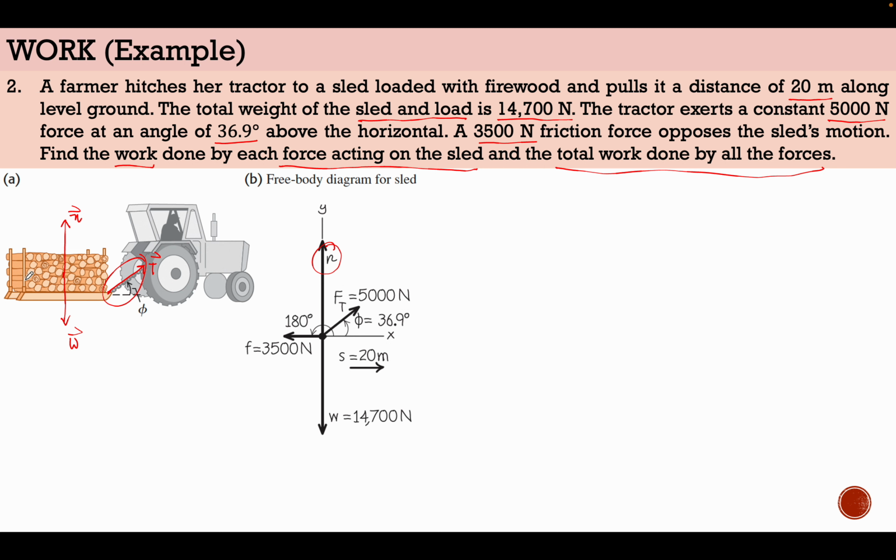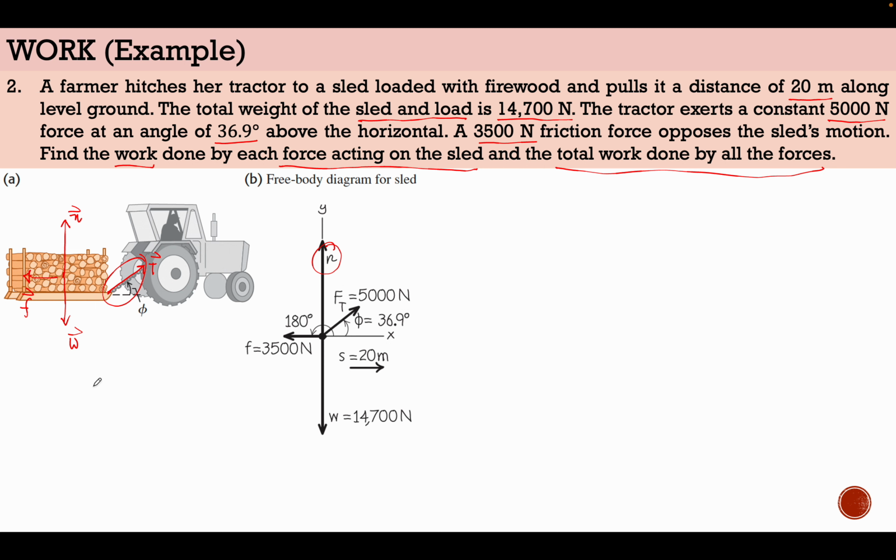And then the last one is the friction force, which is parallel to the surface and opposite in direction to where the sled is sliding. In this case, it is going to the left. Again, we have the normal force, the tension force, the friction force, and the weight. These are the forces acting on the sled.